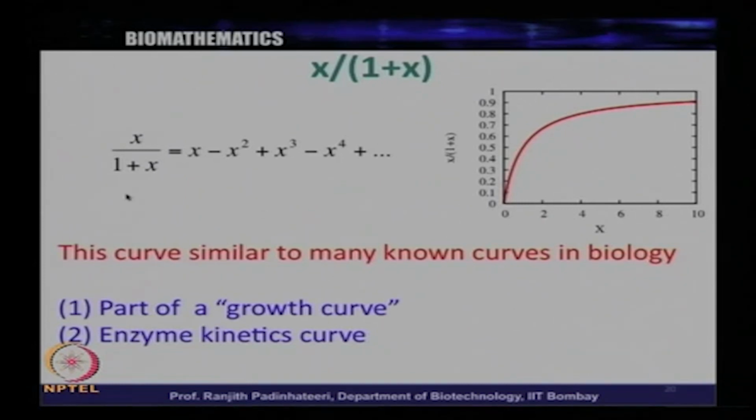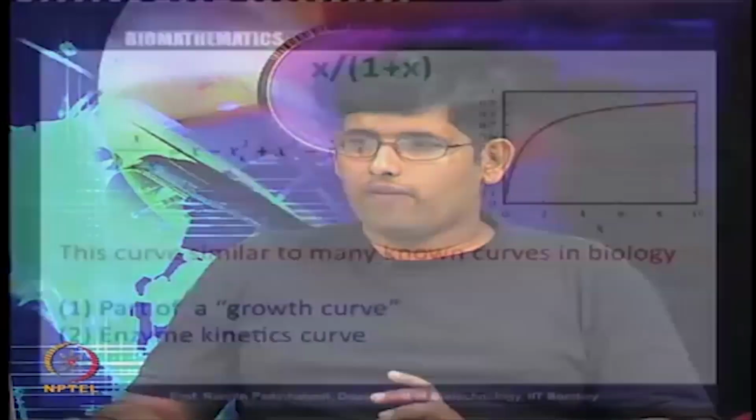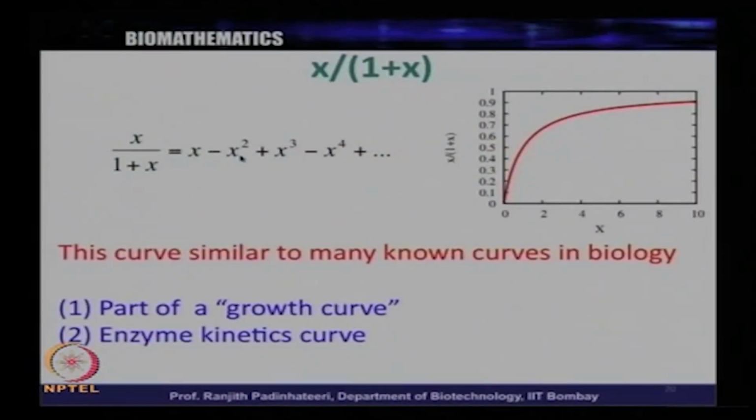So, what I wanted to convey here is that x by 1 plus x can be written as a combination of x, x square, x cube, x power 4, etc. And this function mimics many biological phenomena like growth curve or enzyme kinetics.